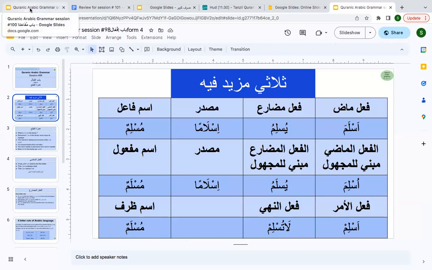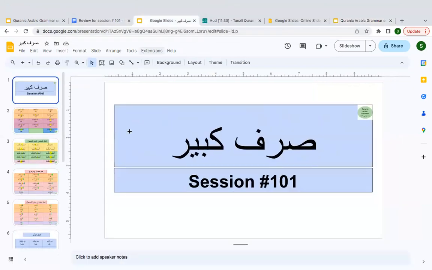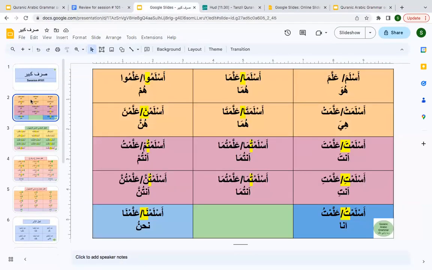Now, look at this. You have that Aslama, okay? Yes, Salasi Mazid Fihi is all those families that have something added in addition to 3 root letters. Salasi means 3.